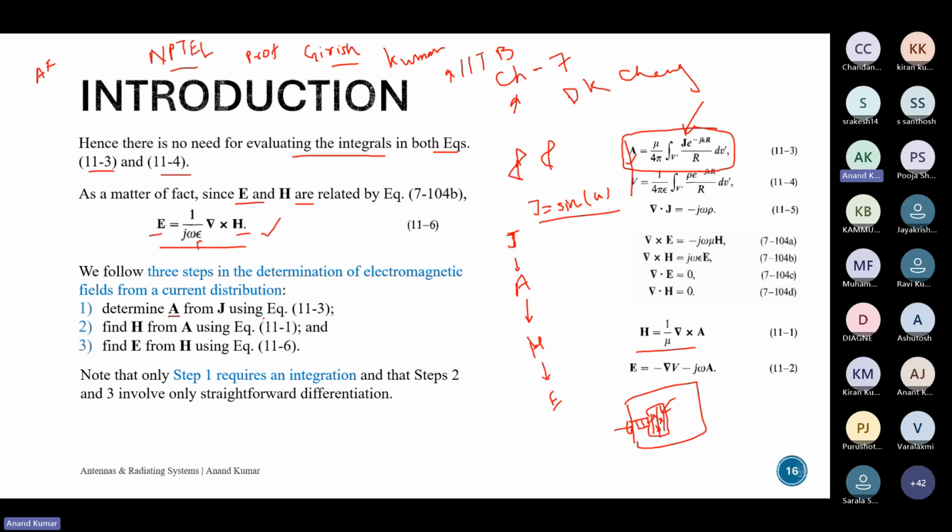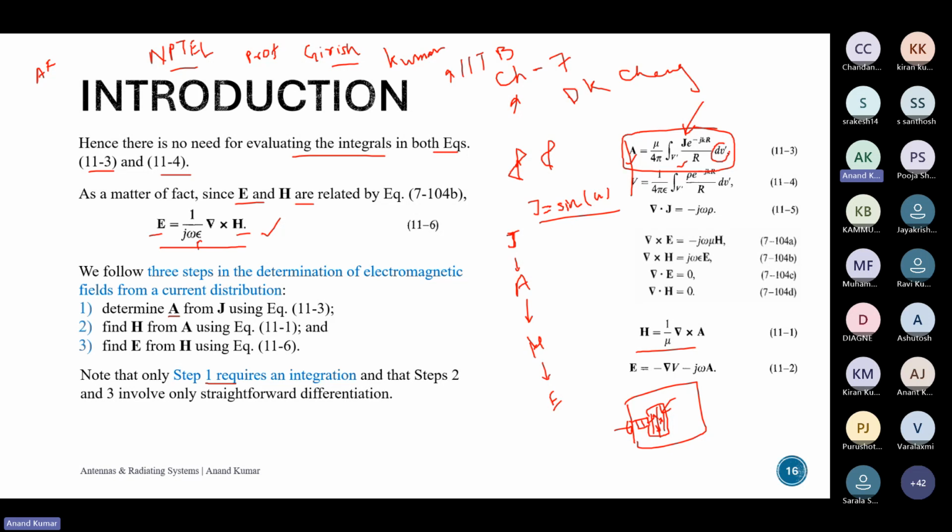You have to note that only step 1 over here requires an integration. Finding A from J will require an integration, and this is a fairly simple integration because J would be some combination of sine, cos, and such functions.